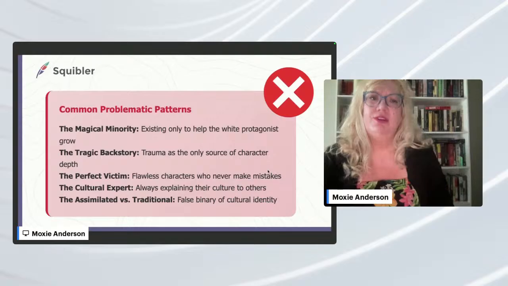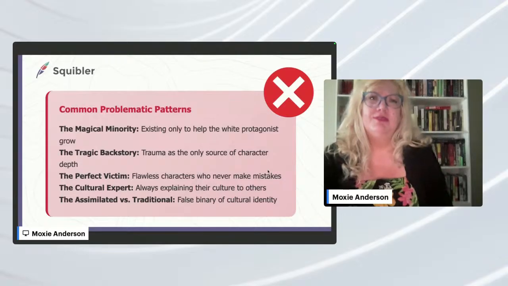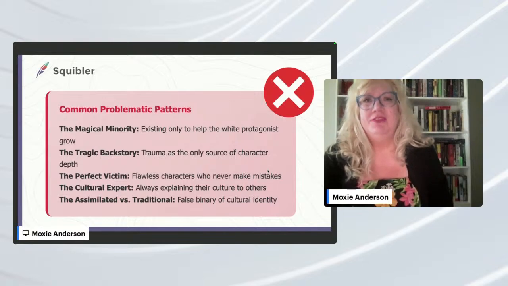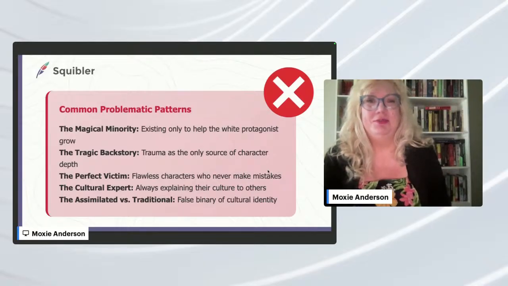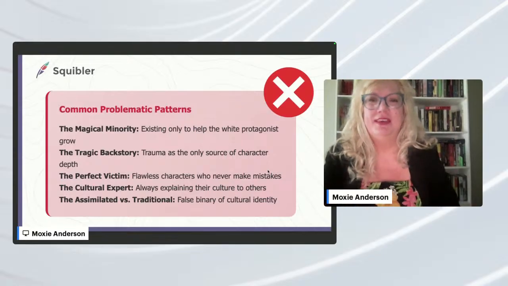Trauma shouldn't be the only source of the character's depth if they're an important character in your novel. It's also important to make sure you're not creating the perfect victim, that you don't have flawless characters who never make mistakes. You don't want to have someone who's the cultural expert, the professor, in that specific diverse character you're trying to create. They shouldn't be there to explain their cultures to others.